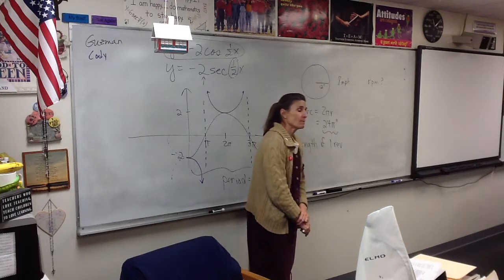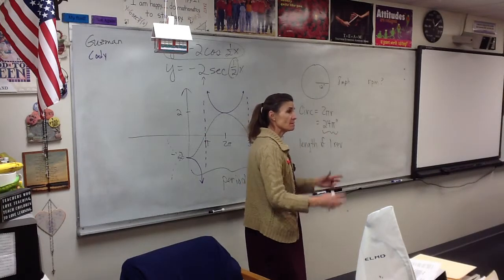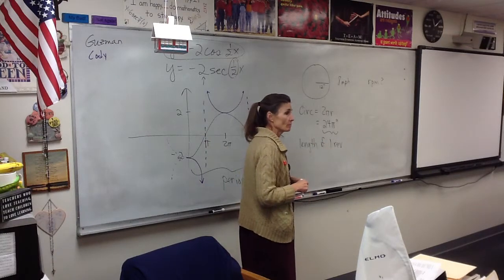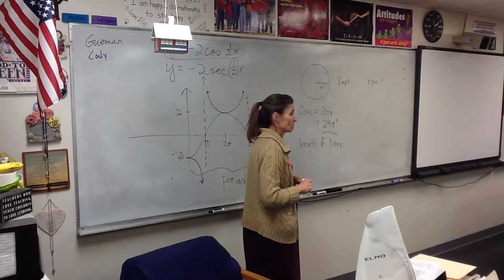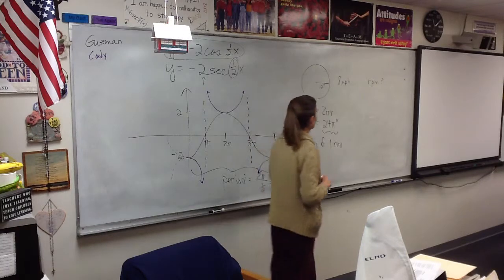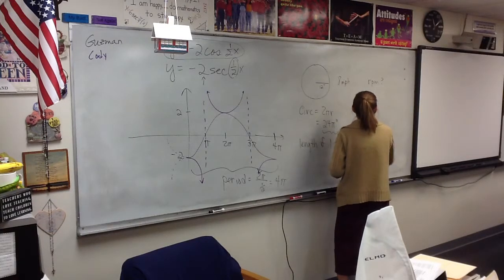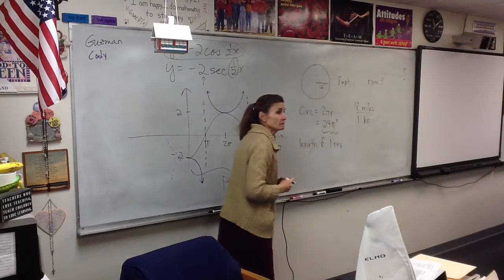All right, where do I go from here? We're getting some of the pieces gathered in. How do I start organizing this work? Well, let's start with 8 miles in 1 hour. That's the given, right?